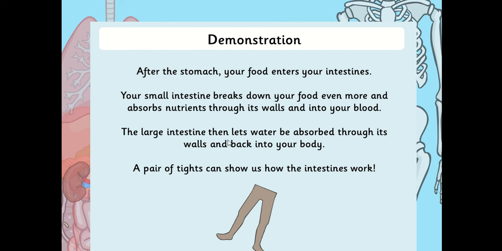The large intestine then lets water be absorbed through its walls and back into your body. So the small intestine is where all the goodness, all the nutrients, all the vitamins that we eat, comes out of the food and is absorbed into your blood to do good things and help your body. And then the large intestine lets water be absorbed to go back into your body.